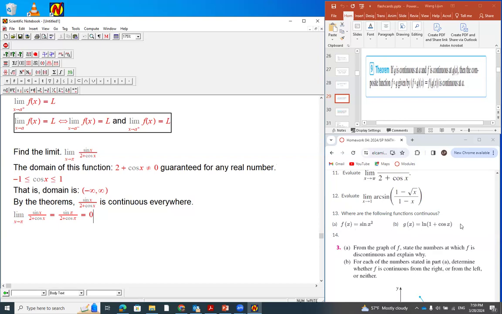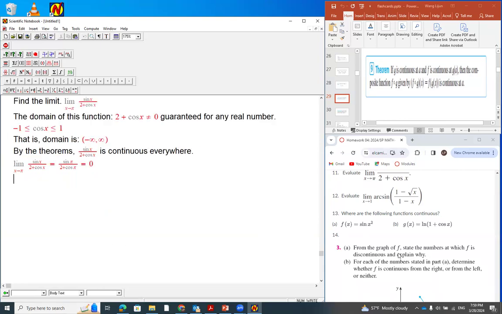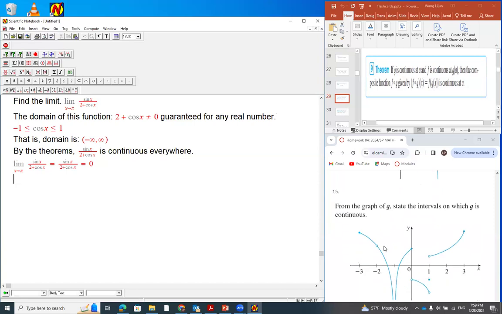You basically need to determine the domain. For A, it's all real numbers. For G, 1 plus sine x has to be greater than 0. I think we did this in class. If you still have questions, please let me know. So that's about continuity.